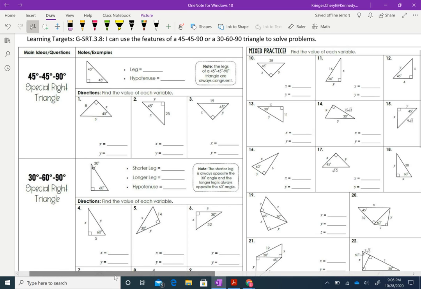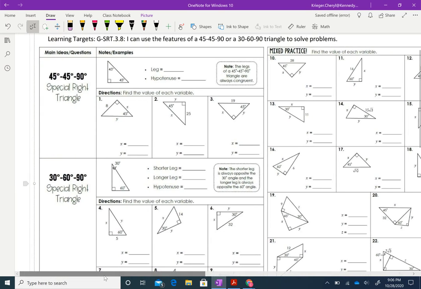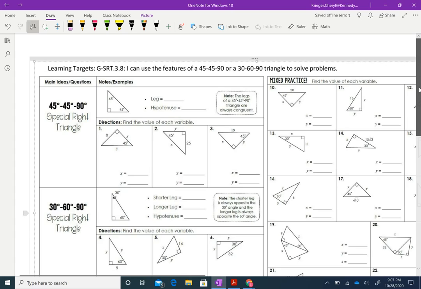Okay, so I'm not going to spend a lot of time proving this to you, but I will spend just a moment. If you have a 45, 45, 90 right triangle, and they give you just one side length, you can use that side length to find the other sides.